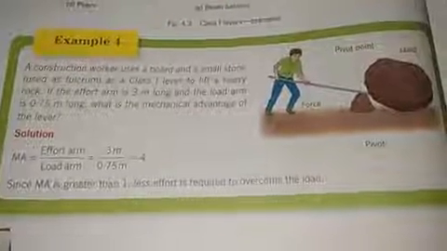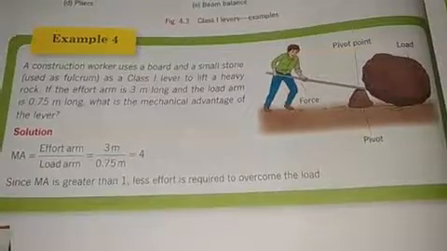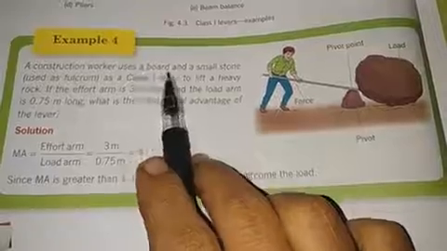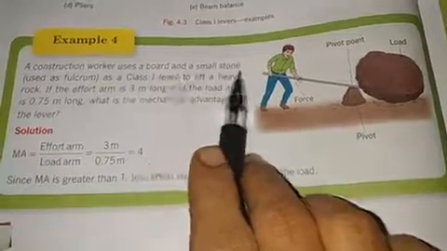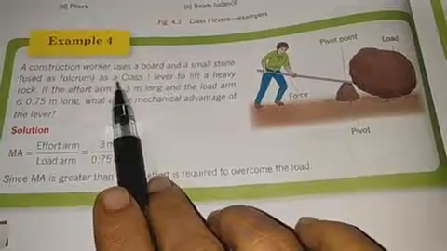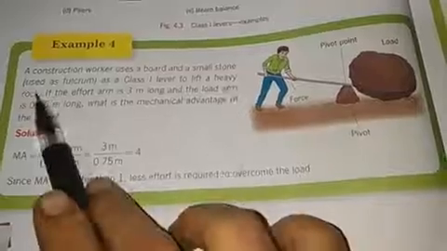Children, all of you write this question, example 4 on page number 48. A construction worker uses a board and a small stone as a fulcrum, as a class 1 lever, to lift a heavy rock.